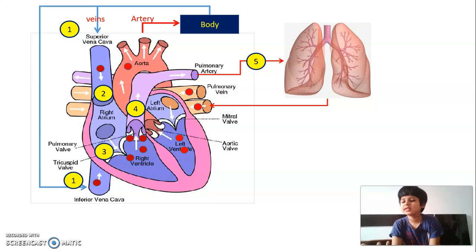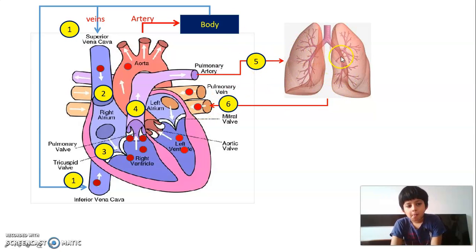You know the lungs, right? It is a twin-shaped thing, like a ghost bed sheet, and it weighs 1.5 kg. The lungs carry oxygen, and the blood cells will go into the lungs and get oxygen. Then the blood cells will come back and go through the pulmonary veins.